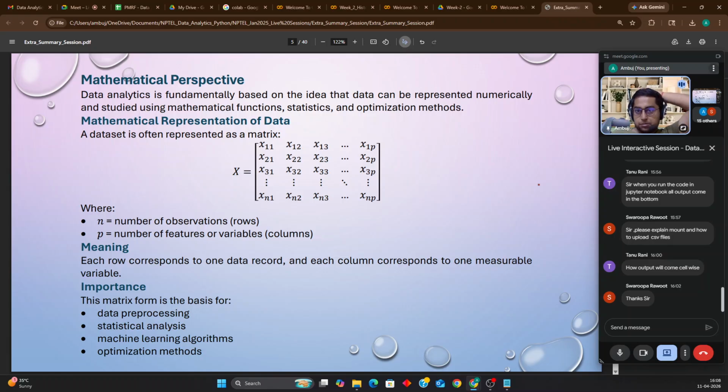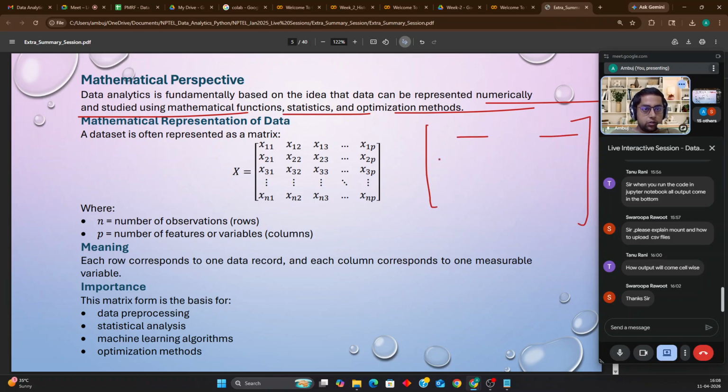What is the mathematical perspective? Data analytics is fundamentally based on the idea that data can be represented numerically, and studied using mathematical functions, statistics, and optimization methods. A data set is often represented as a matrix in rows and columns.